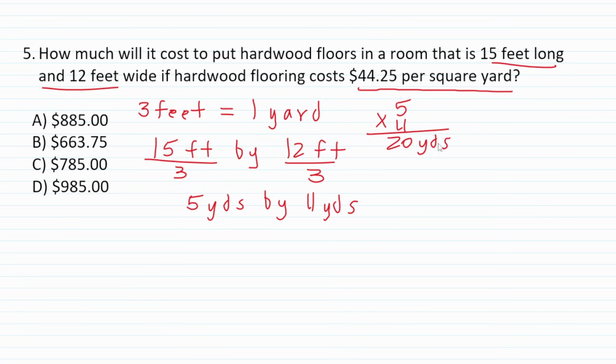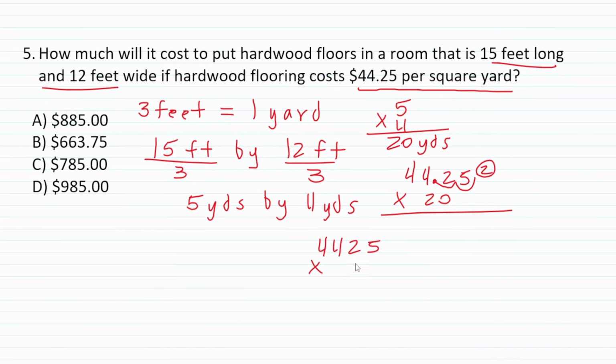So to find our cost, we're going to do 44.25 times 20. Of course, we've got to move this decimal 2 times to the right to make this 4425 times 20, albeit with 2 decimals to move back into our answer at the end when we're done.